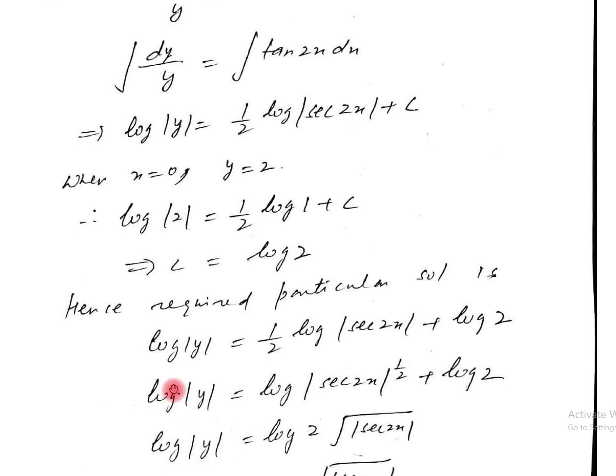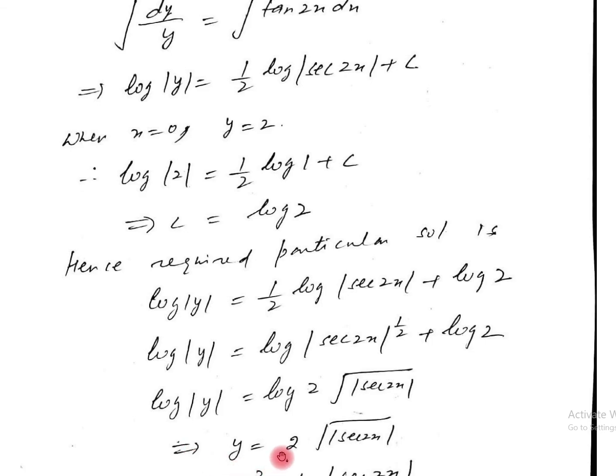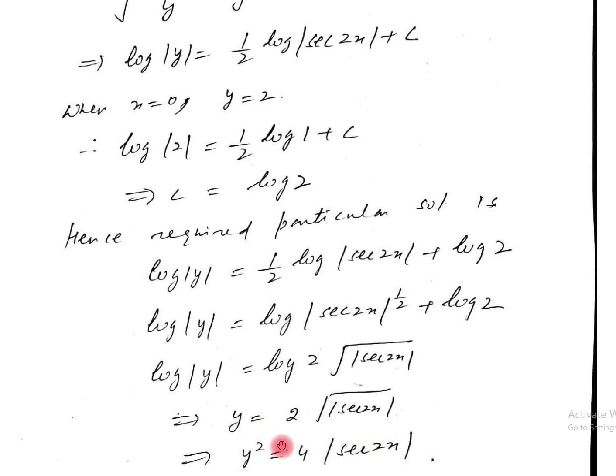Here again, log y = log(2 √|sec 2x|), because 1/2 can be written as a square root. Now log cancels with log, so we get y = 2√|sec 2x|. Squaring both sides, it can be written as y² = 4|sec 2x|.